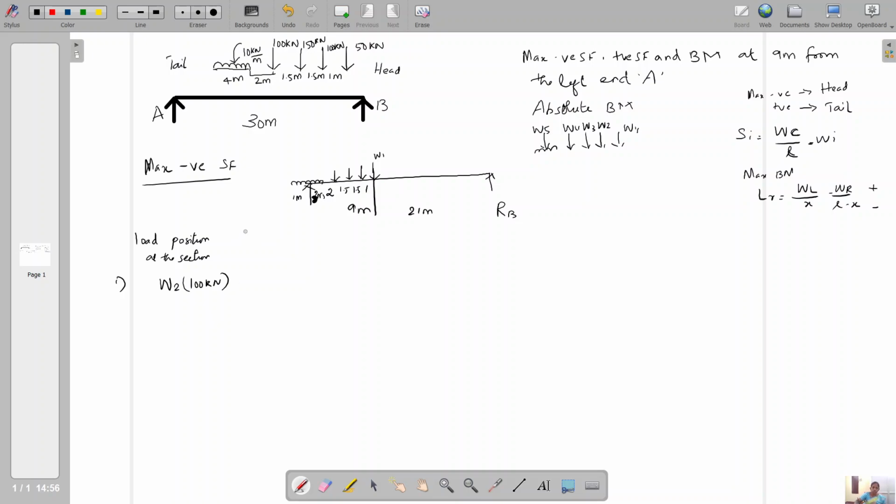So the load position, okay, and the C distance.